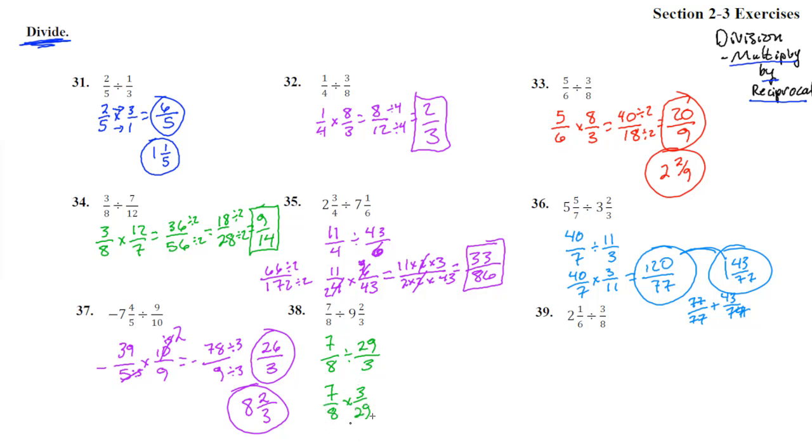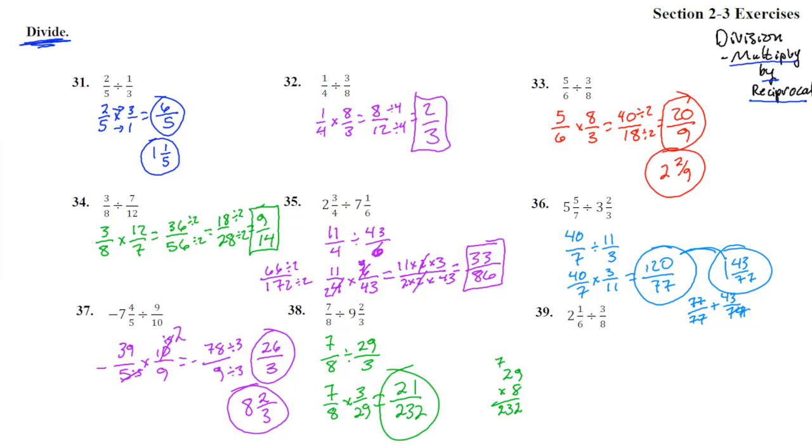Will any of that simplify? I don't think so. We'll get 7 times 3 on the top, and 8 times 29 on the bottom. 8 times 9 is 72. 8 times 2 is 16, plus 7 is 23. And that can't be made into a mixed number.